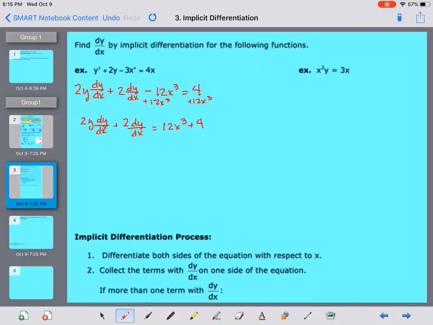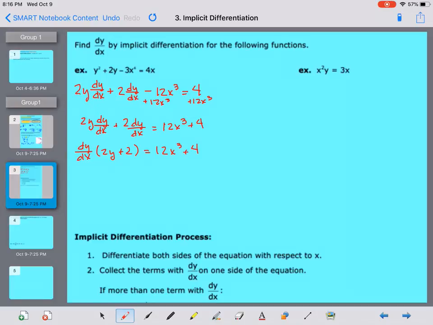Okay, the whole point of this is to solve for dy/dx, because that is the true slope equation. So one of the things I could do at this point in my problem is I could factor out the dy/dx. And I wind up getting (2y plus 2) equals 12x cubed plus 4.